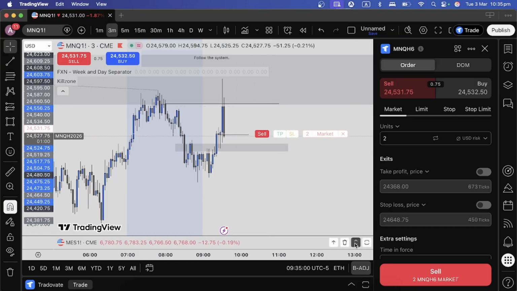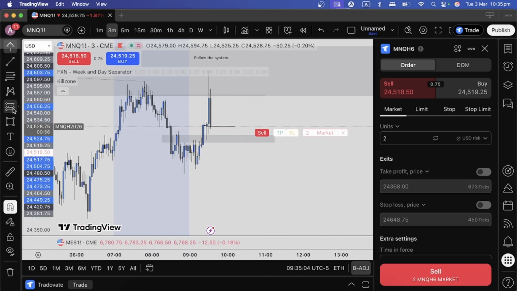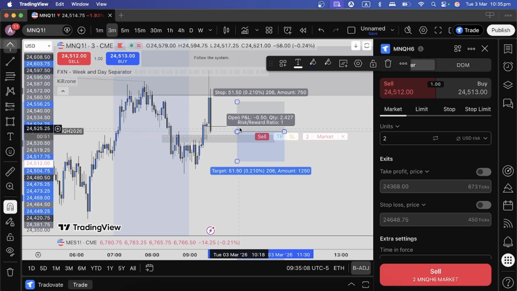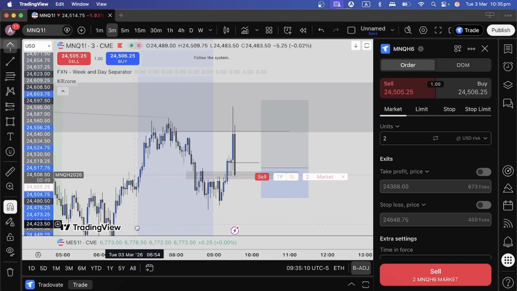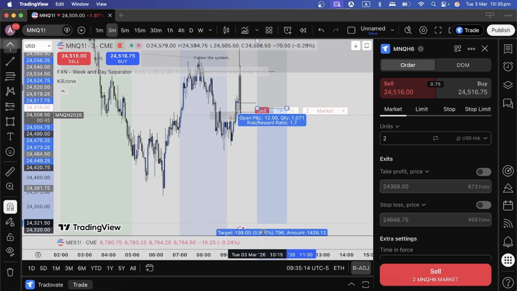Actually, I do want to take a short here if we close below this, because like I said, that would be change in state, and we've also just swept liquidity and we created SMT, and we also respected the 30 minutes.